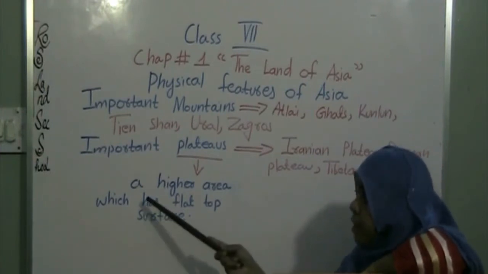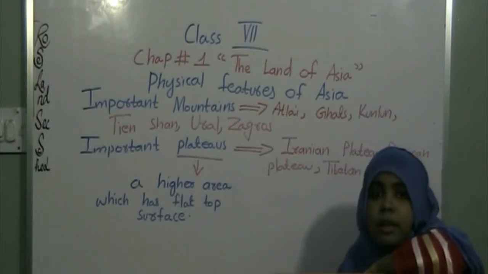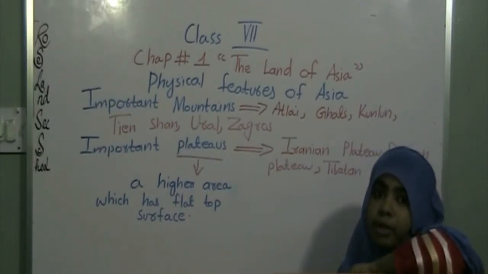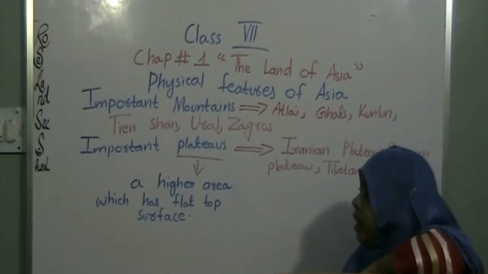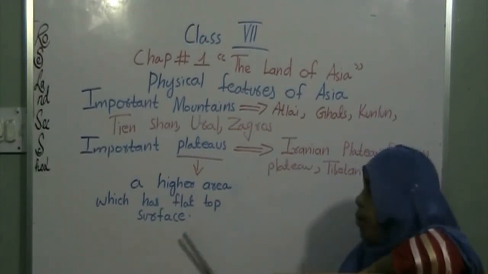A plateau is a higher area which has a flat top surface. It looks like a mountain, but it differs from a mountain in that plateaus don't have pointed peaks, they have a flat top surface, and we sometimes call them tablelands also.